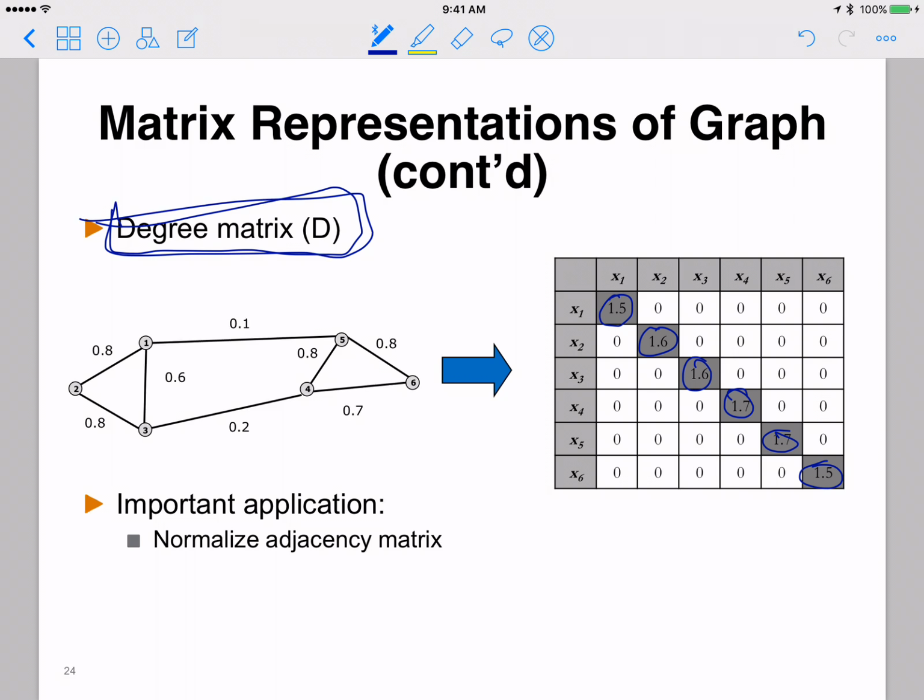Intuitively it is just like the volume that we studied in the previous slide. From each particular node, we consider the total sum of edge values and set them as the corresponding diagonal entries. So this is called a degree matrix.